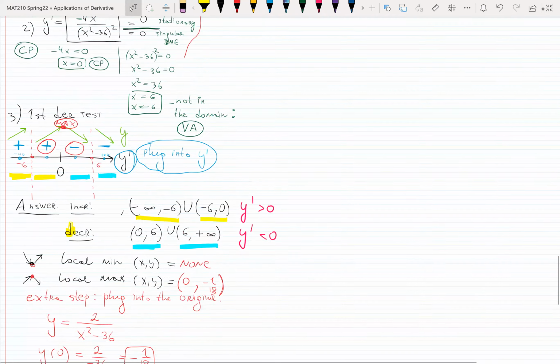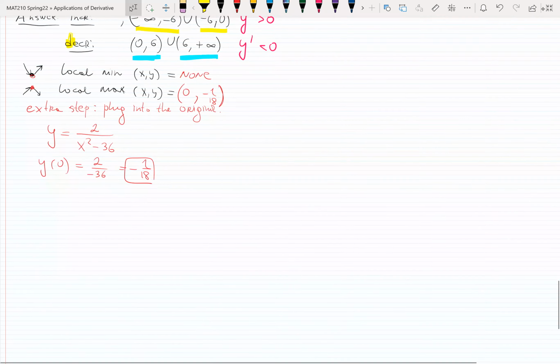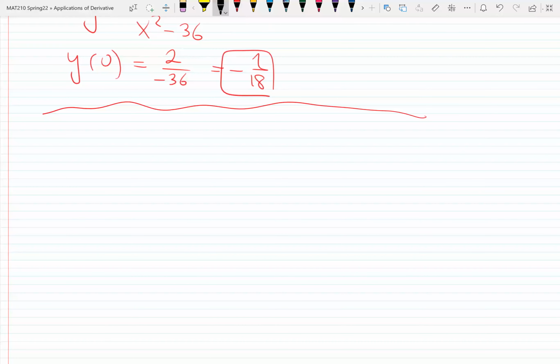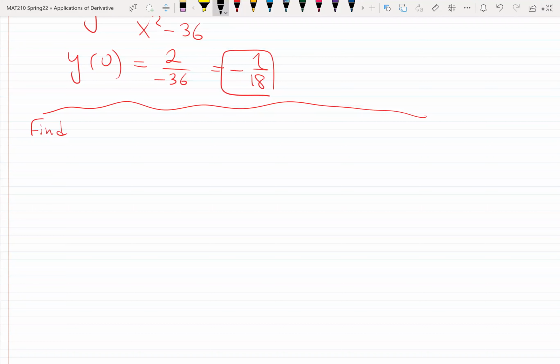Concavity. So find concave up and down intervals, also points of inflection.